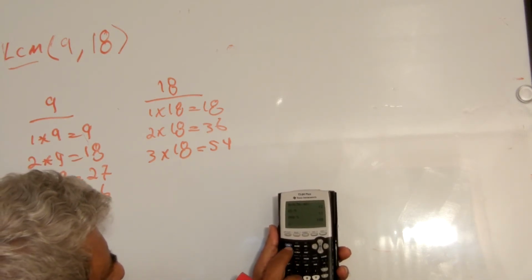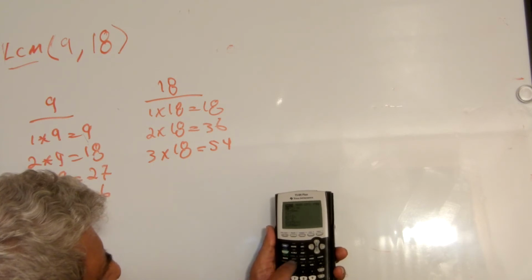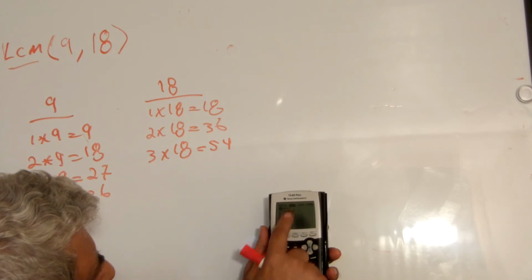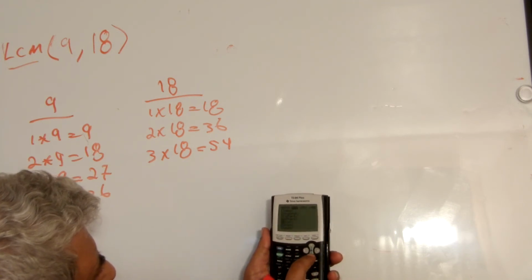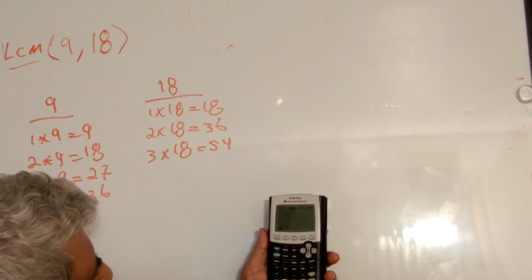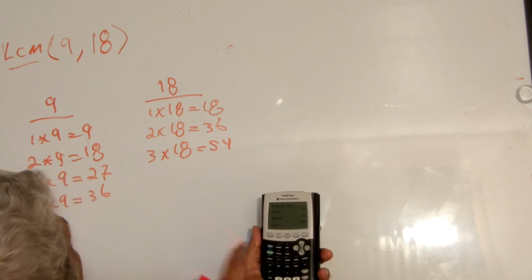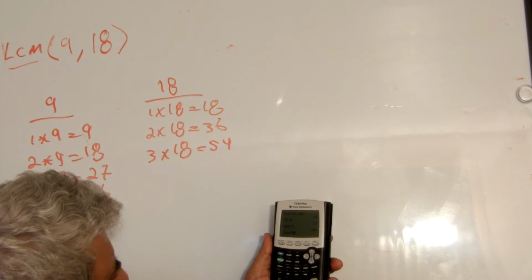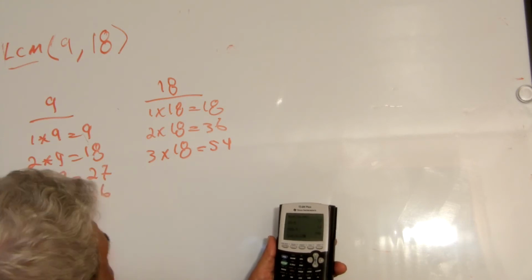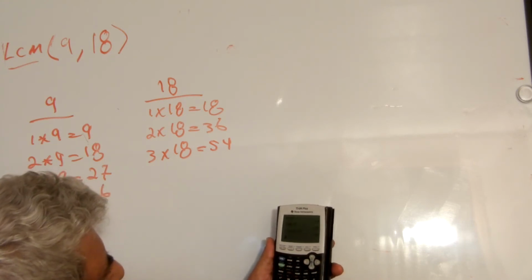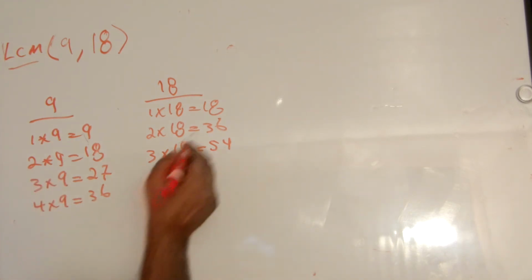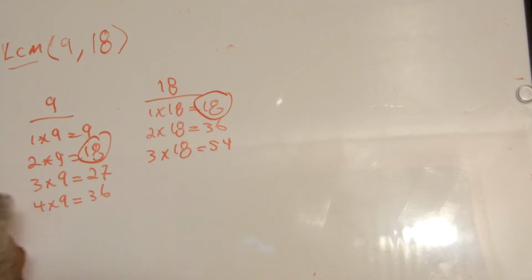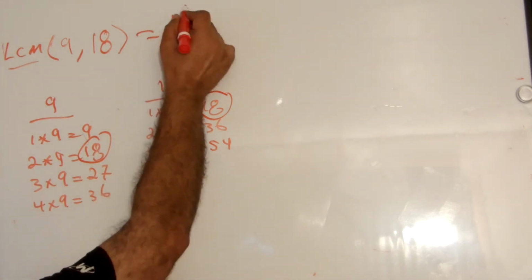You press math, you go to num, it's going to be highlighted, and you go to LCM and then push enter, and then you insert those two numbers, 9, comma 18. Even if you don't close the parentheses, it's going to be 18. So the least common multiple is 18.